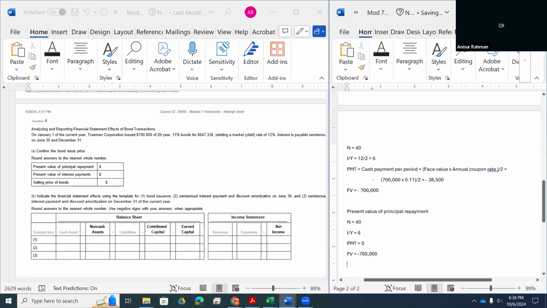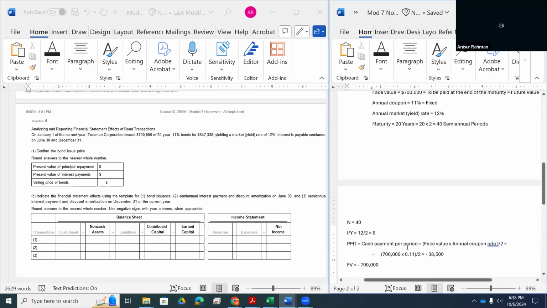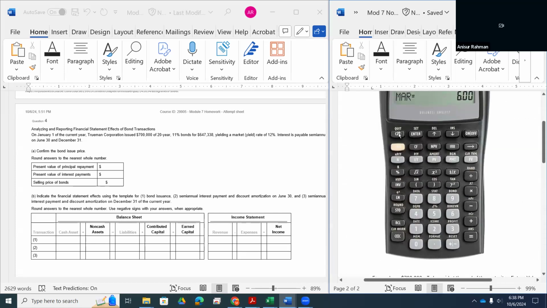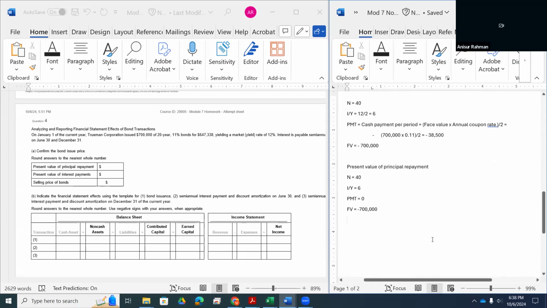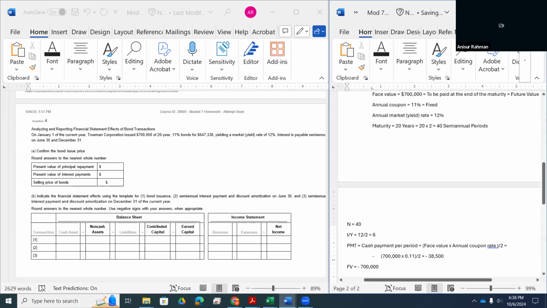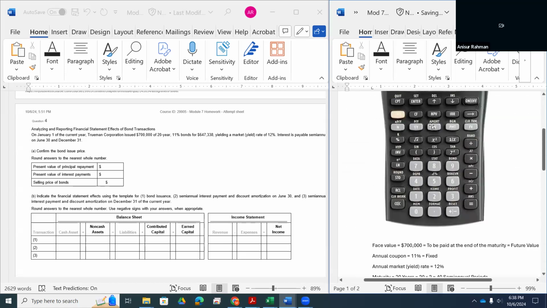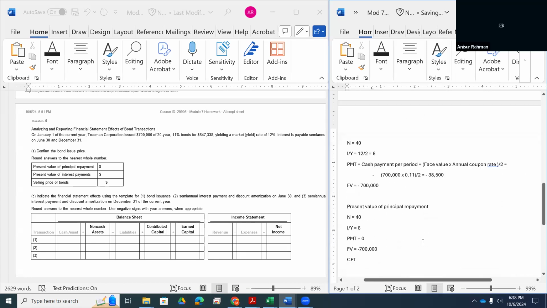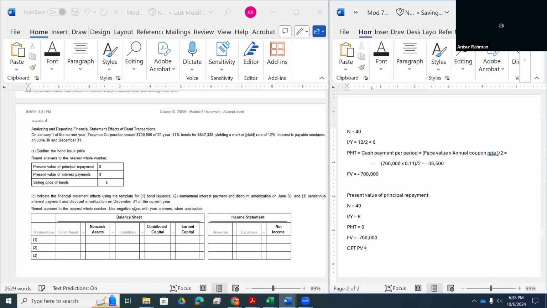And we have to find out present value. So first, we'll press this key, CPT, that means compute, and then we'll press PV because that is what we are calculating. If you do this, you should get the number. I will calculate it in my calculator and write the number down.